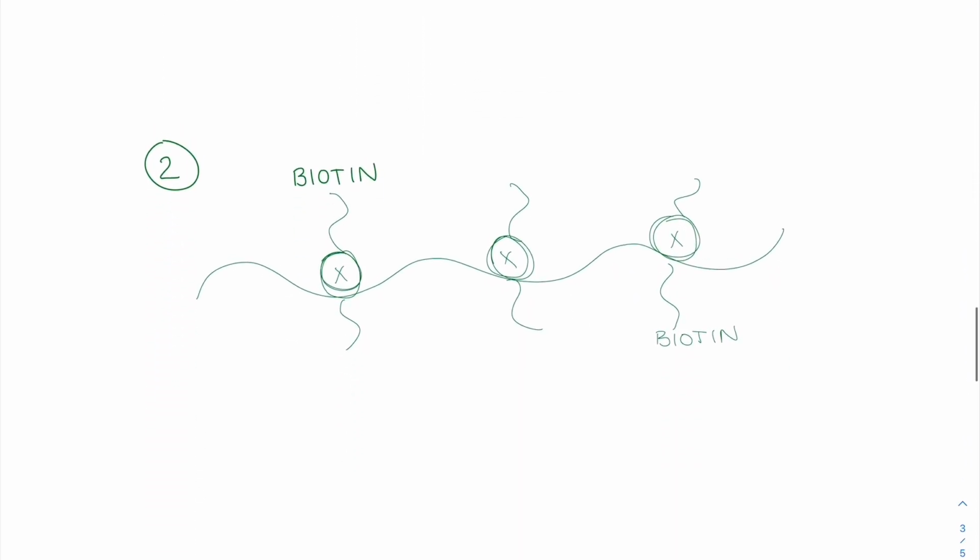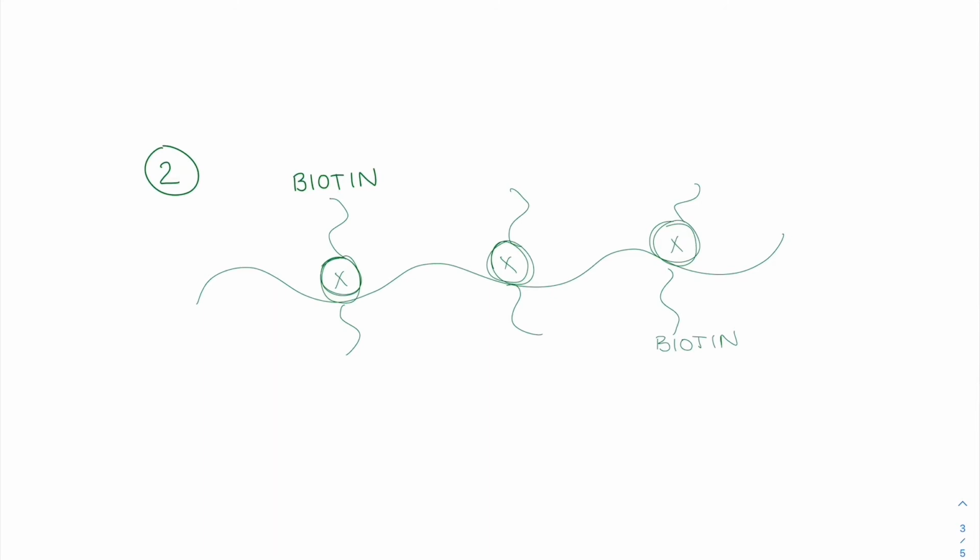So now for the second function, where biotin binds to histones, which alters the gene expression. So this looks similar to my niacin DNA molecule. You imagine this line is the DNA, and there are histones attached onto it. Each histone has some tails on it, and the biotin can attach onto the tails.